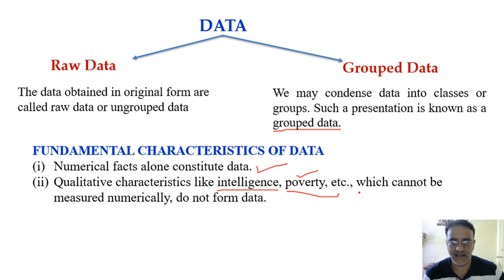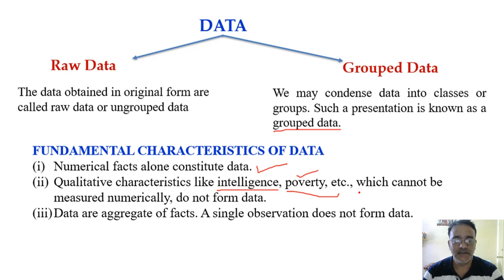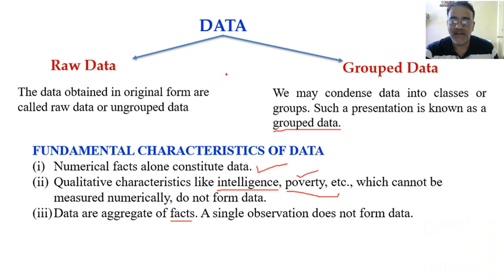Is the second characteristic clear? Yes, sir. Third, data are an aggregate of facts. If I say marks obtained by students in mathematics in periodic test number 1, and I write 25, a single number, this single observation does not form data. Is that clear?